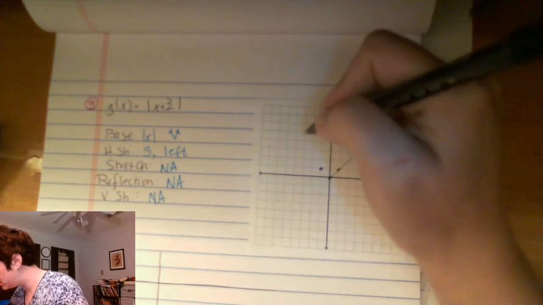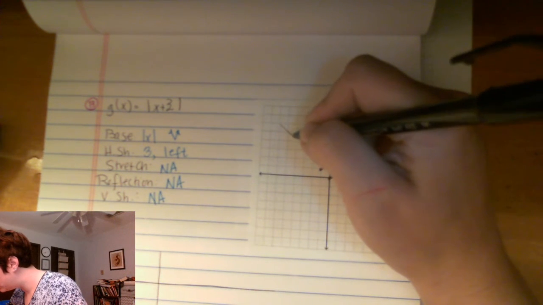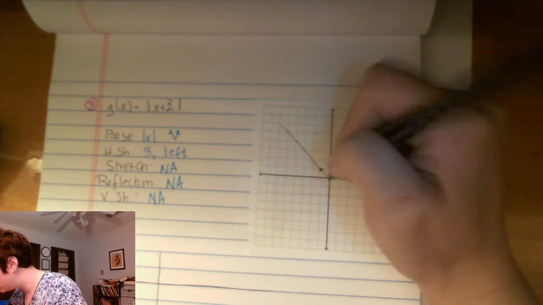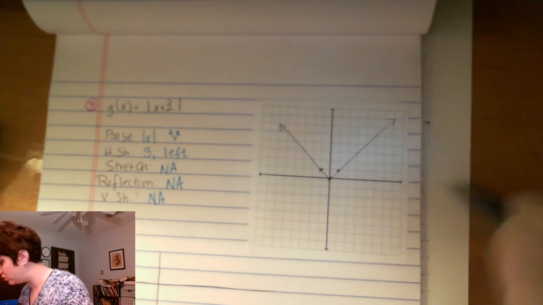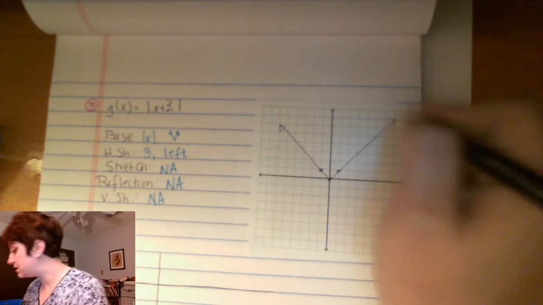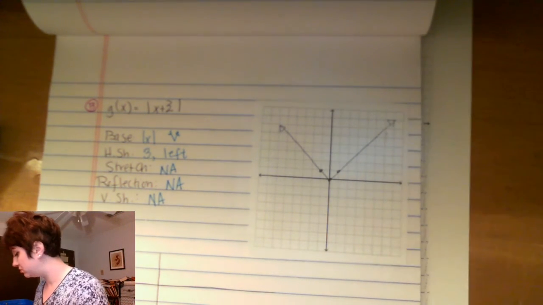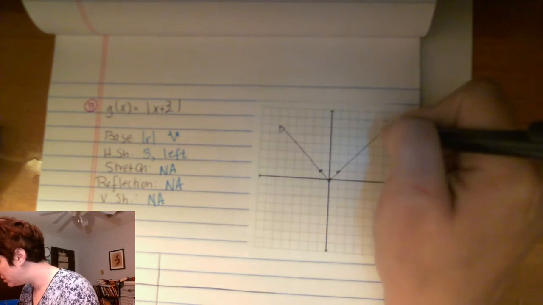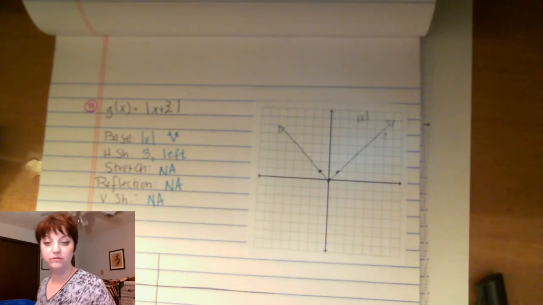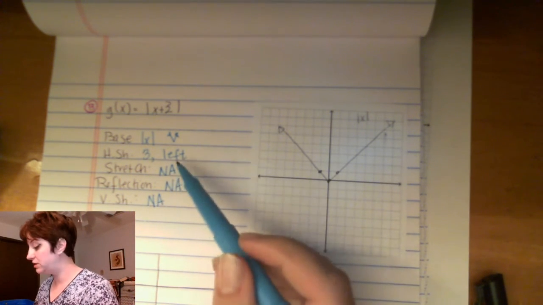And because I know that this is linear, it's pretty easy for me to draw a whole bunch of it. Okay, so I start like this. This is my absolute value of x. My transformation is I shift to the left 3.